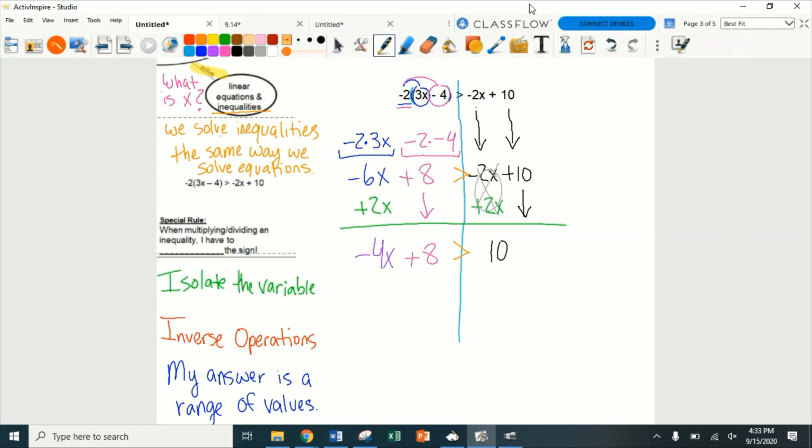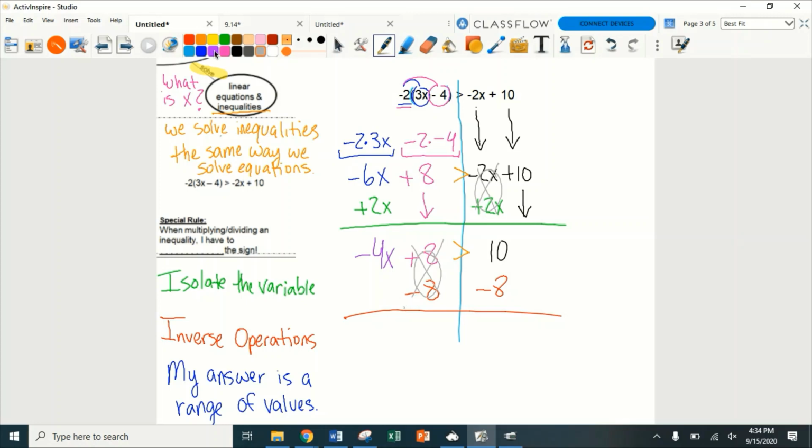Next, I have to make sure the variable is all by itself on the left-hand side. Right now I see plus 8. I want to get rid of it. I want to cancel it out. So I got to do the opposite, which is minus 8. Eight minus 8 gives me a 0 pair. It cancels out.